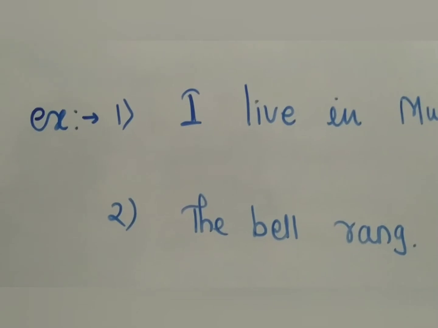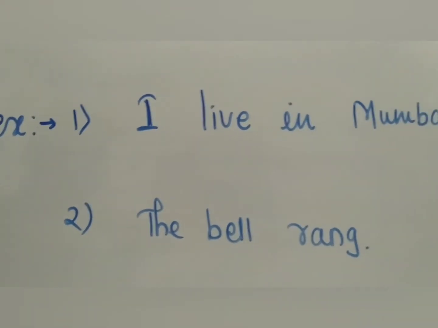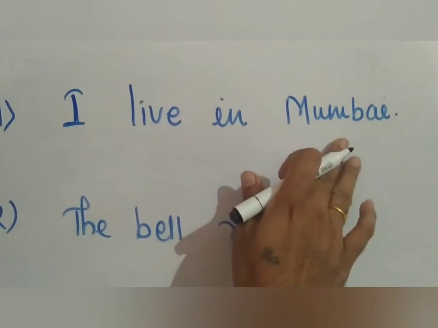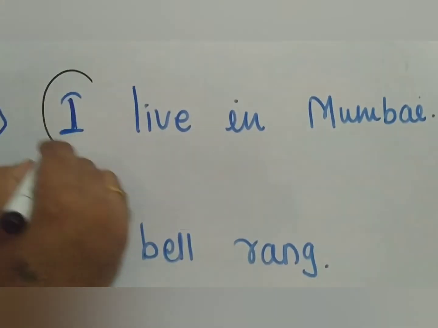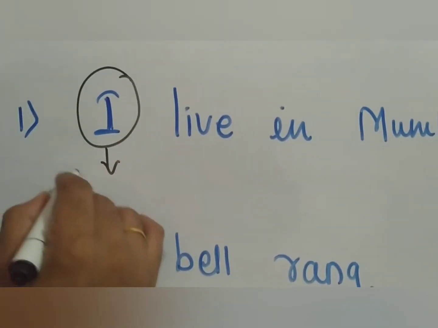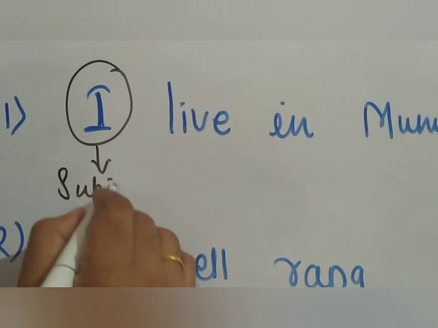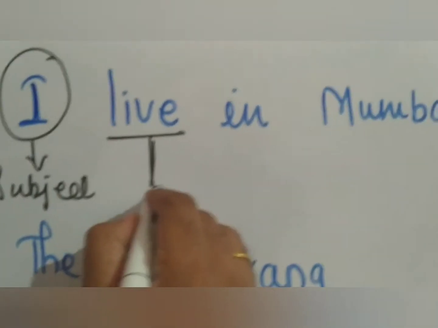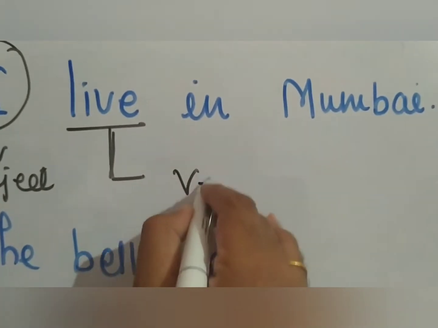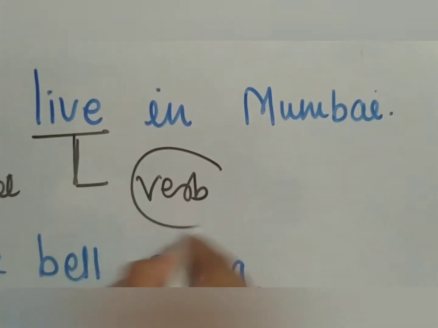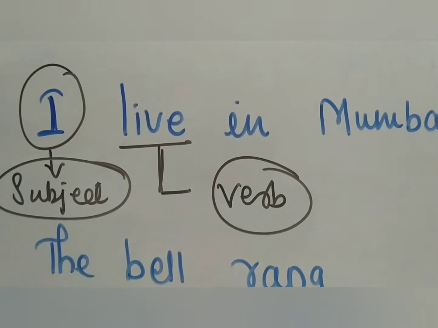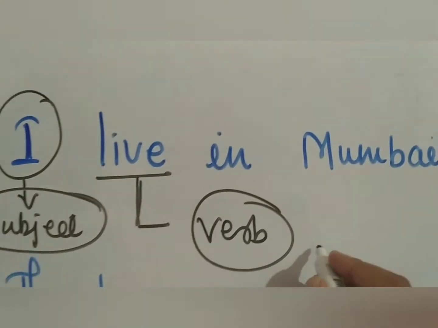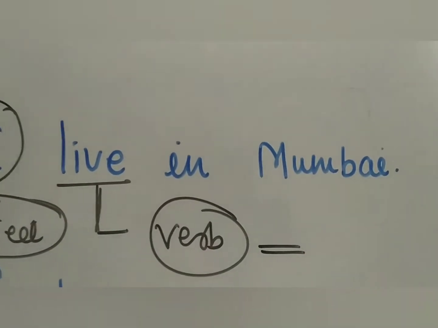Friends, see some examples. Like this, I live in Mumbai. In this sentence, I is the subject and live is the verb. So one verb, one subject, it is called the simple sentence.